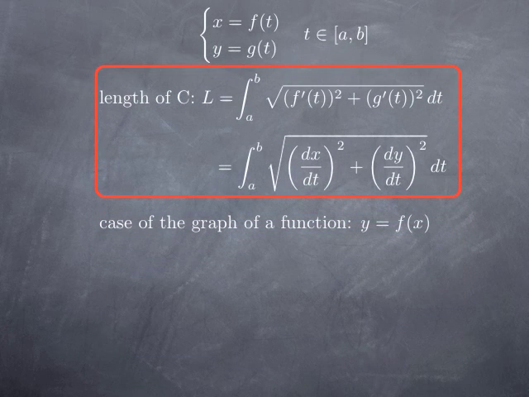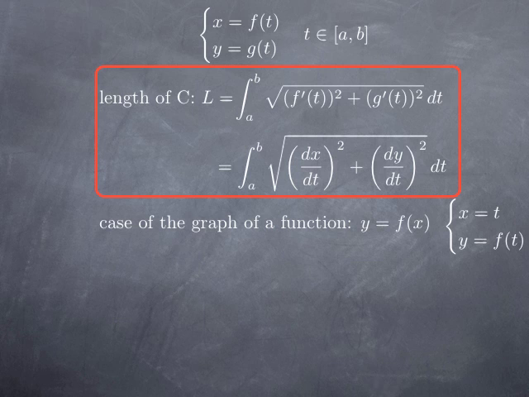Now we may take a look at the case that you knew before, the case of the graph of a function, y equals f of x. And to apply this formula to this case, we need to consider the graph of the function as a parametric curve. And this is easy to do because for x, I can call x a parameter, so say x equals t, and then y is f of x, in other words f of t.